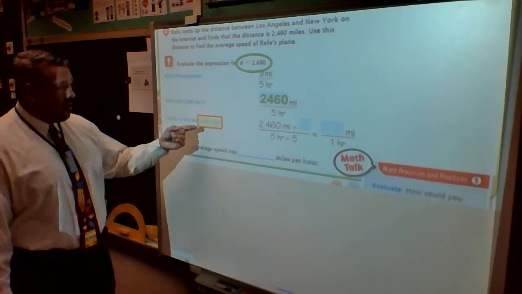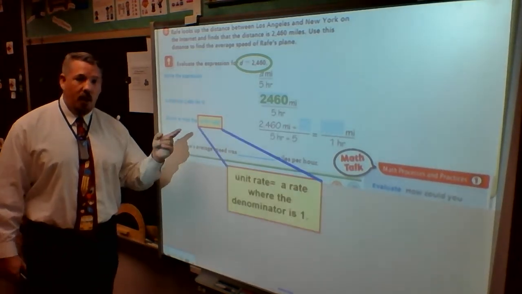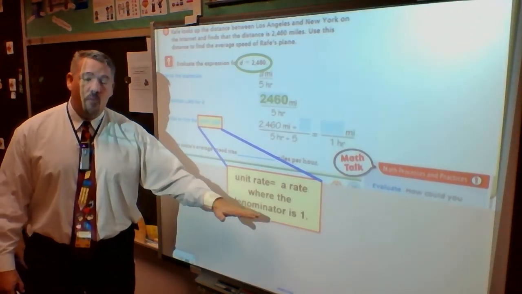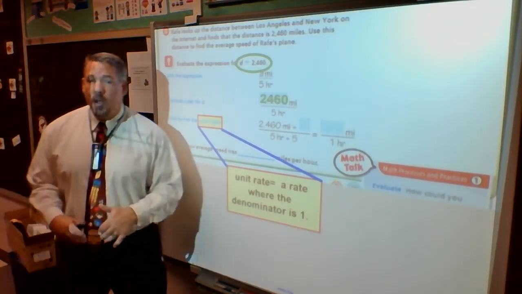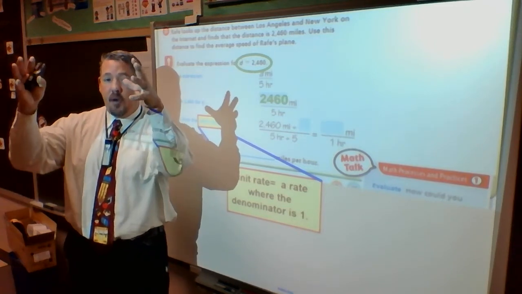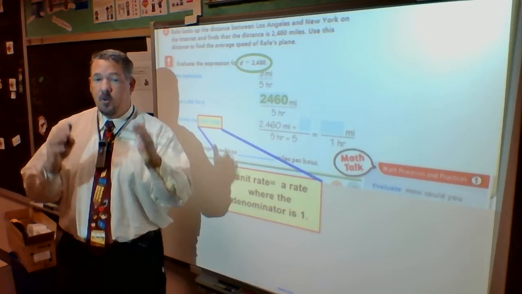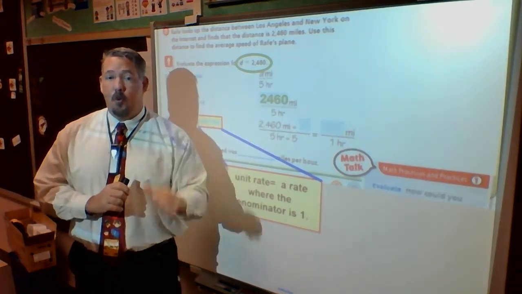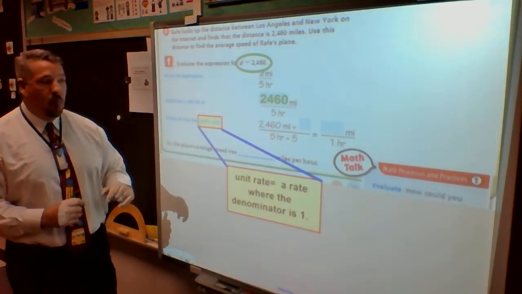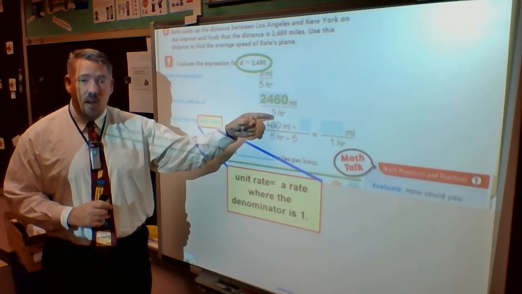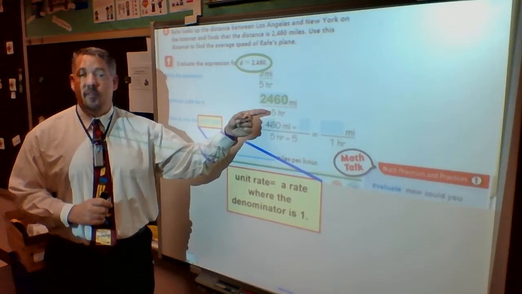When I look at my unit rate, a unit rate is any rate that has a denominator of 1. So I'm told how much money I'm spending for so many pounds of this, and then I would reduce it to find out how much it costs per pound. This one, I'm looking at how far I'm going per the amount of time.